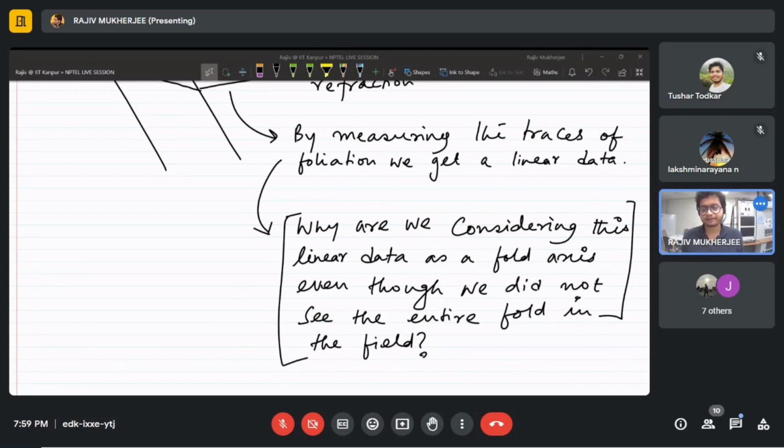Why a fold? Any answer? Any guess? It's fine to have a wrong guess. That's nothing to be worried about. But you should try, because this question should come to your mind as well, right? Why are we even considering these entire structures as fold? Why not anything else?